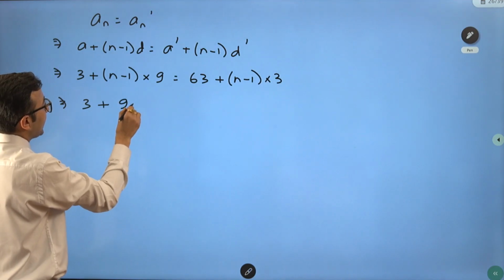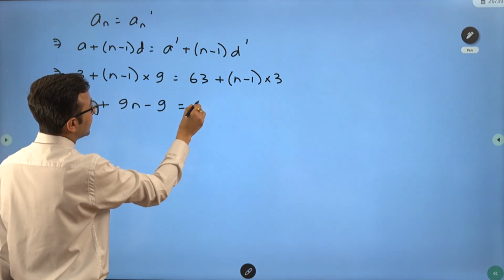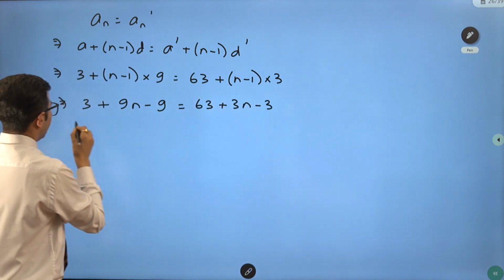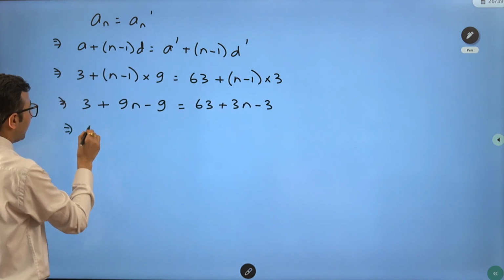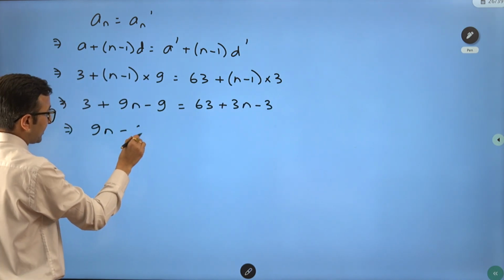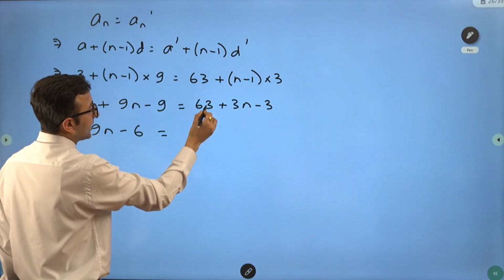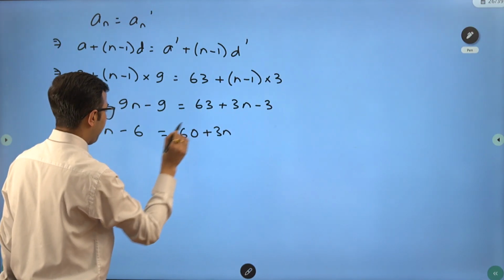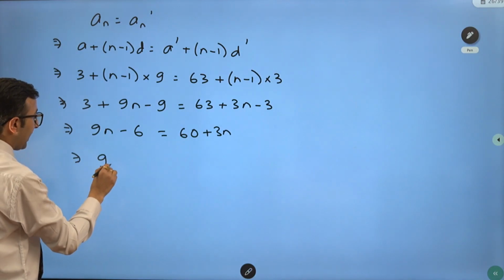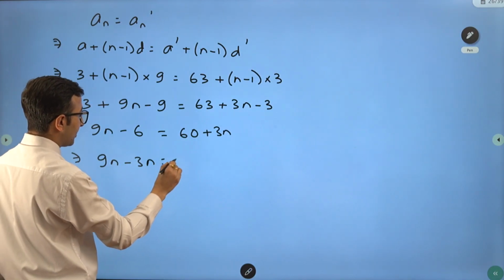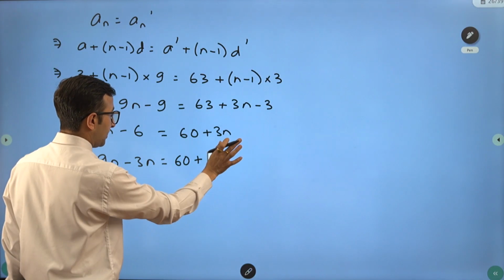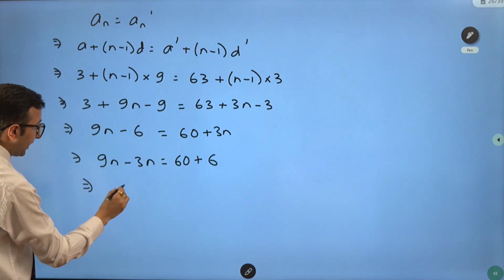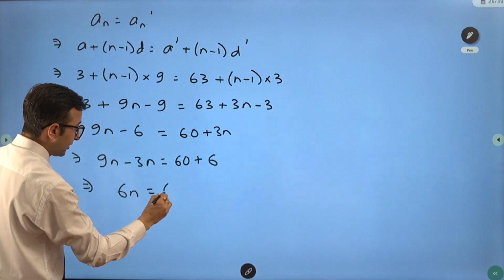3 plus 9n minus 9 is equal to 63 plus 3n minus 3. So here 9n minus 6, 3 minus 9 is minus 6, and 63 minus 3 is 60 plus 3n. 9n minus 3n is equal to 60 plus 6. 9n minus 3n is 6n, which is equal to 66.